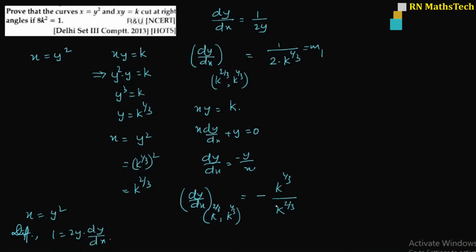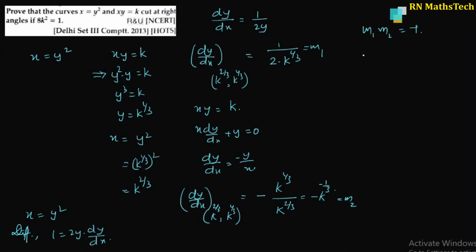Now m1 m2, the product of slopes, is equal to minus k raised to minus 1 by 3, that is m2. Now cut at right angles means m1 m2 is equal to minus 1.